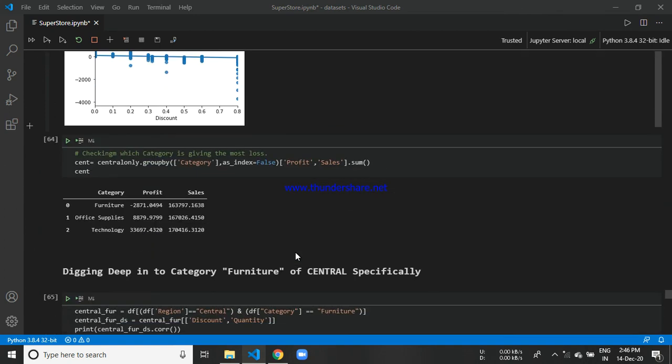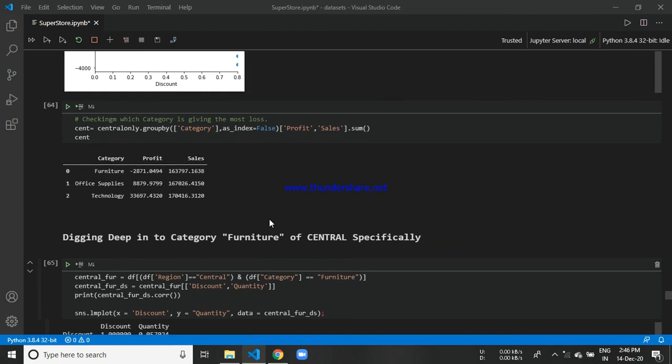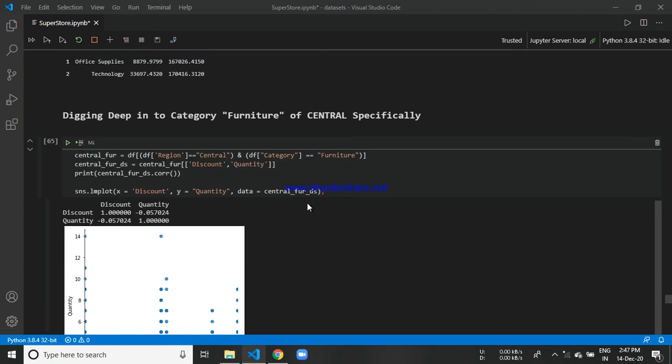Okay, so now we can see in the central, the worst hit is furniture, that is minus 2871, and technology was still good with 33,697 of profit. Okay, so let's dig more into the furniture only of the central region.